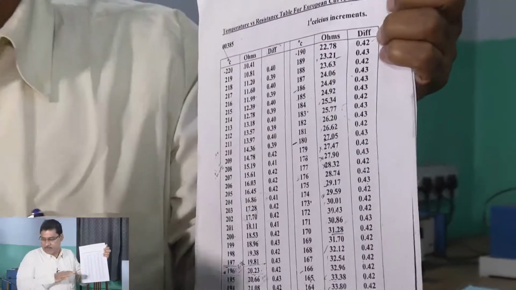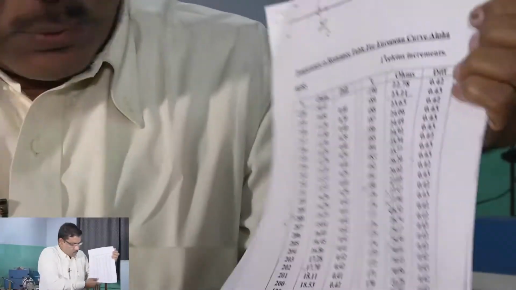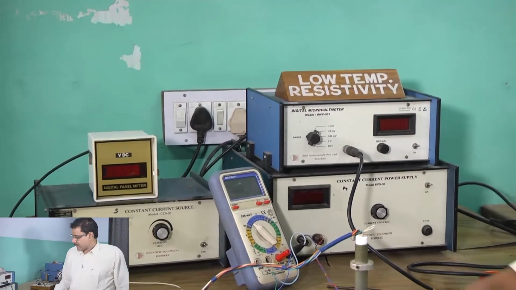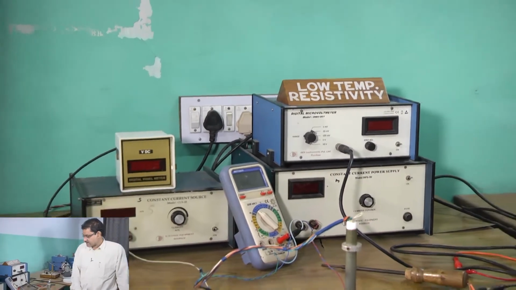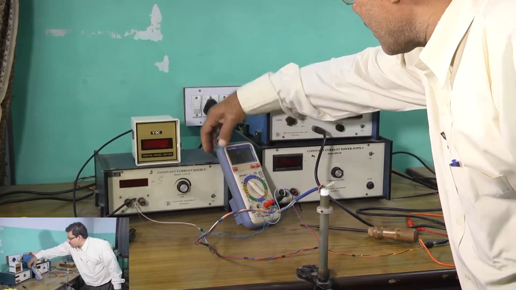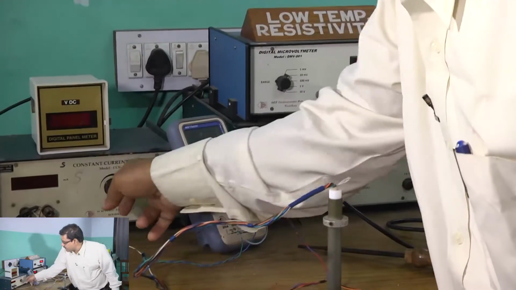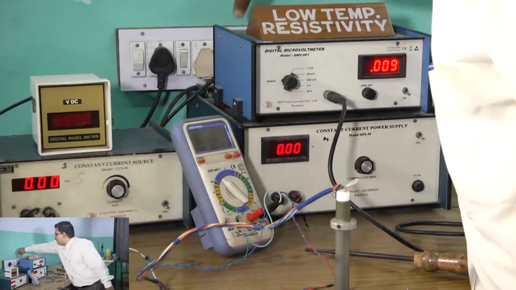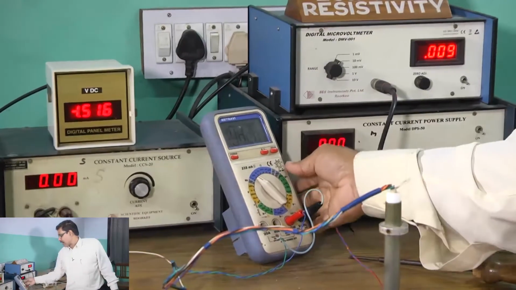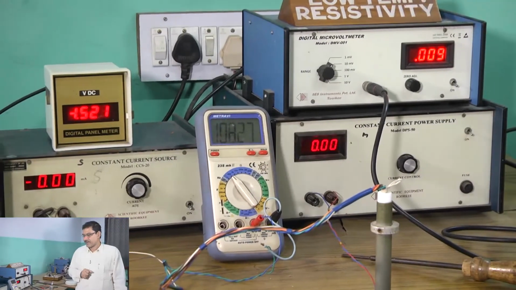Okay. So what we have to do? Let us just start the experiment. When we start the experiment, let me switch on everything. So I have switched on this setup.